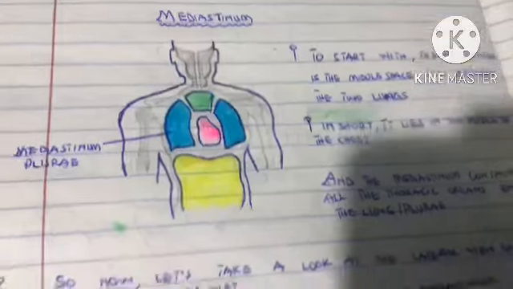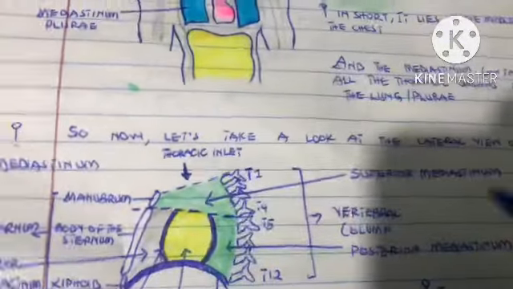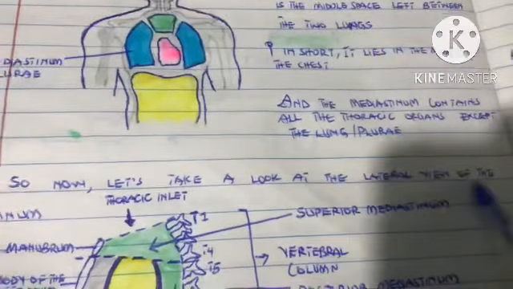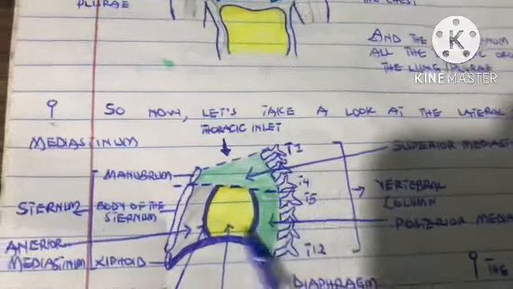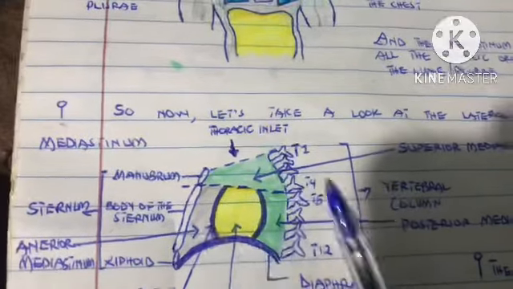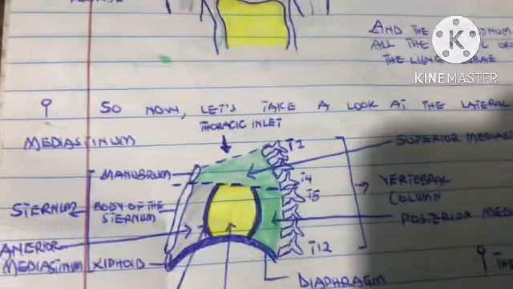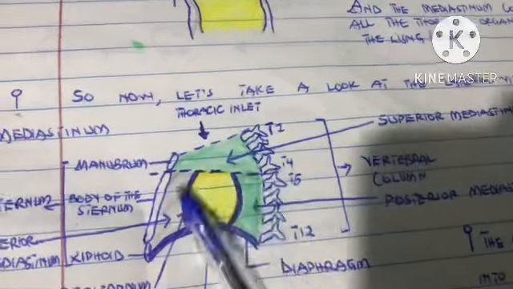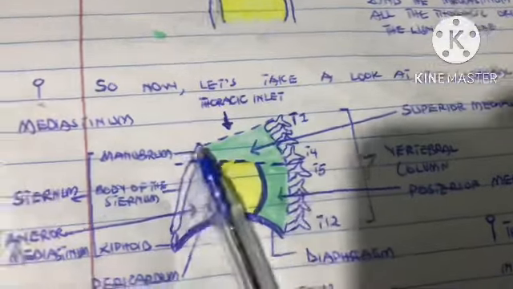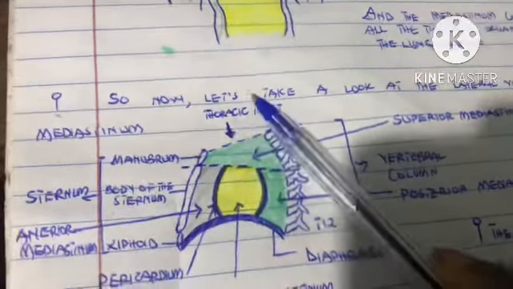You understand? So now, I want us to look at something here. Let's look at the lateral view of the mediastinum. I drew this to talk about the boundaries of the mediastinum. So this whole thing represents the mediastinum, and this is the anterior part, the inferior part, the posterior part, and the superior part.